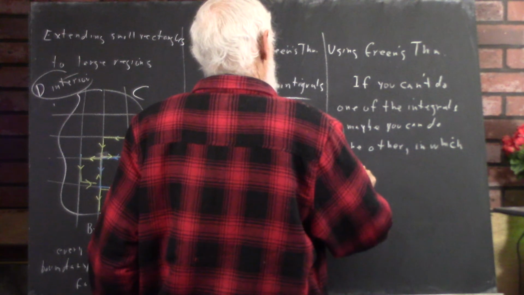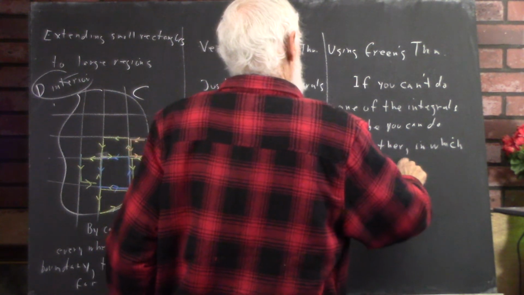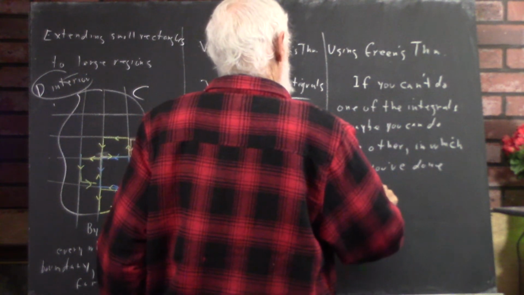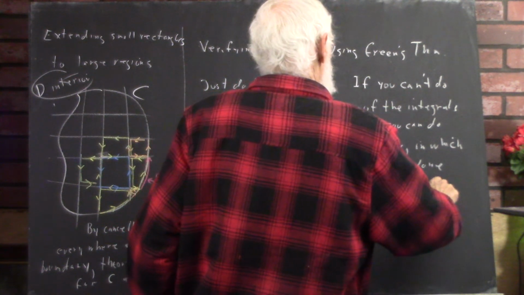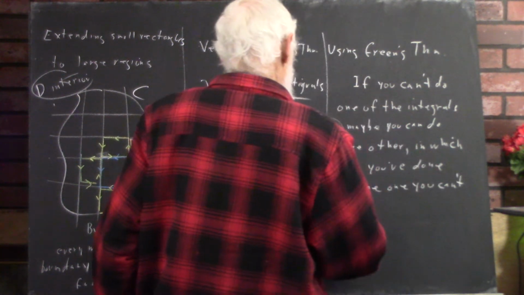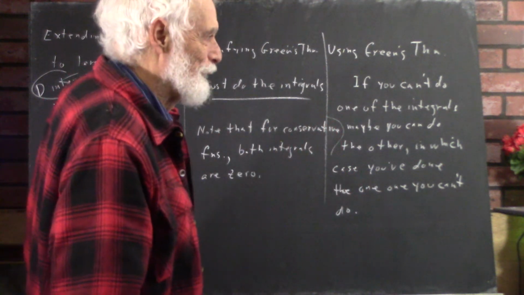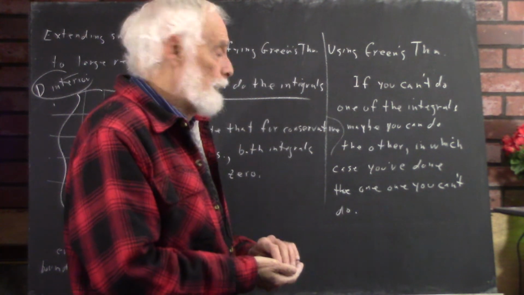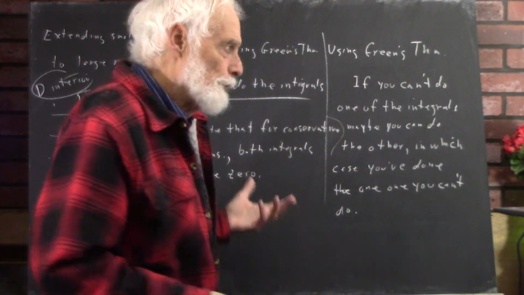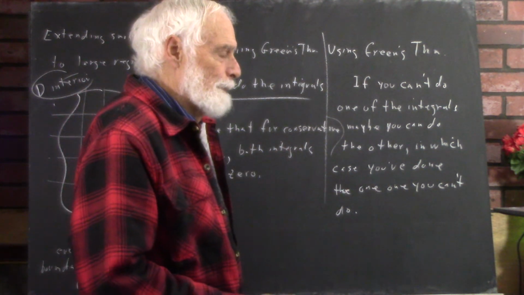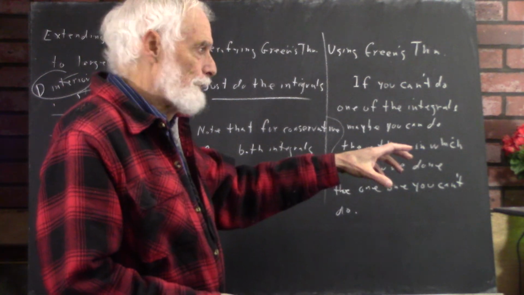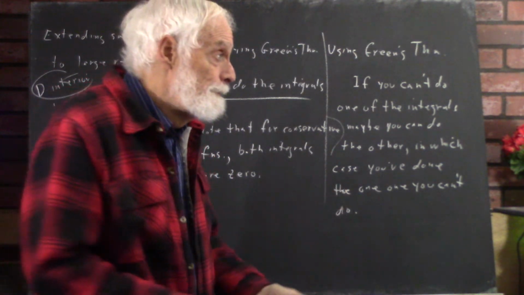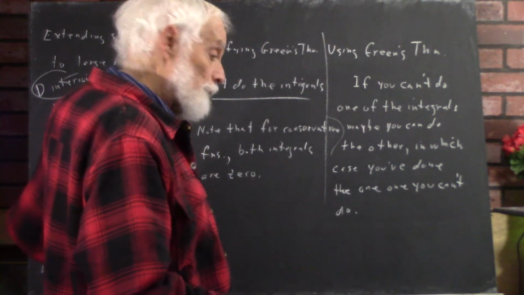In which case, you've done the one you can't do. Okay? The integrals are equivalent. And in many cases, you can actually get the formulas for some integrals that you can't otherwise get using Green's theorem, because a lot of times one of the integrals is easy to do just using integration technique, and the other is otherwise impossible. Okay? So, that's an introduction to Green's theorem.